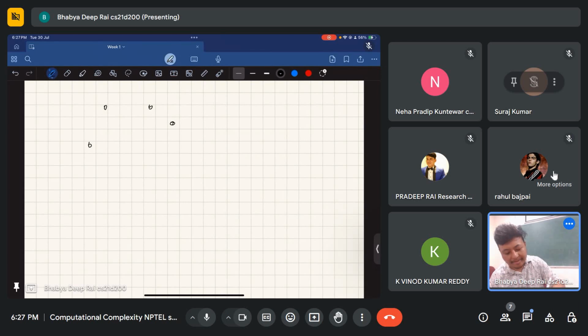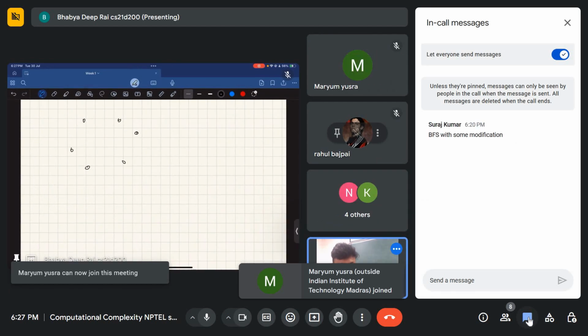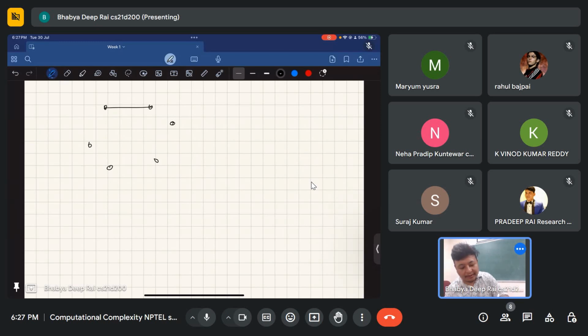You have a particular graph, and if I can partition the vertices into two parts, let's say the red part and the blue part, so that there are no edges between a red vertex and a red vertex, and no edges between a blue vertex and a blue vertex, then this is bipartite.